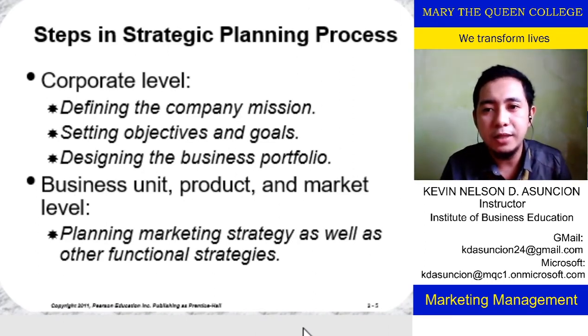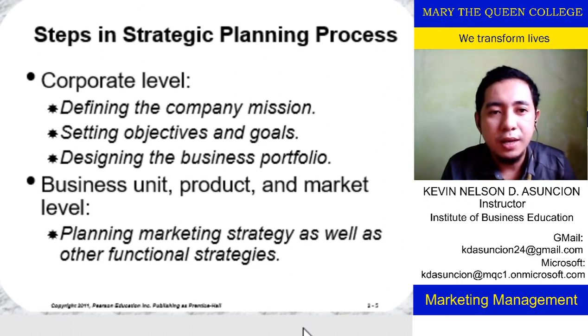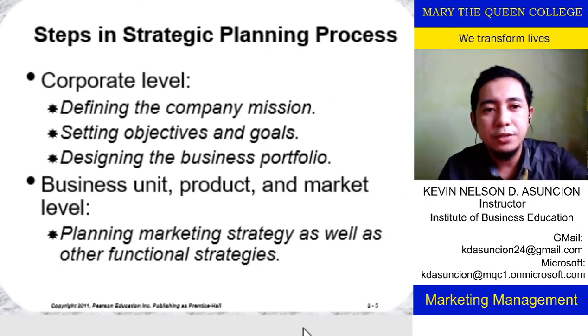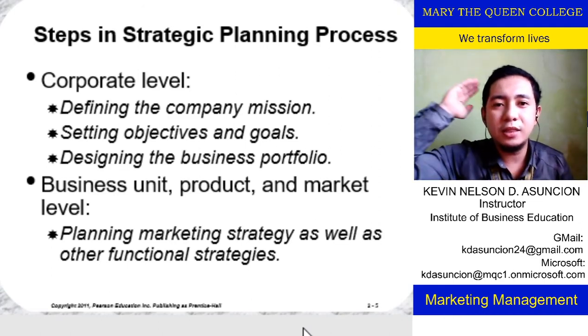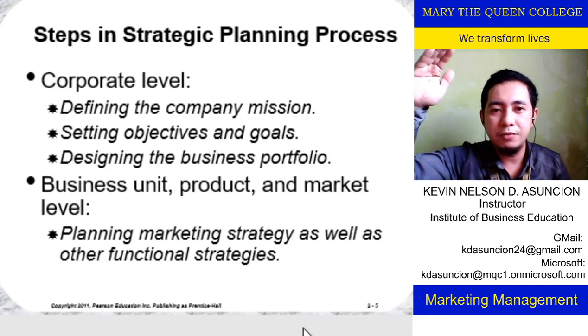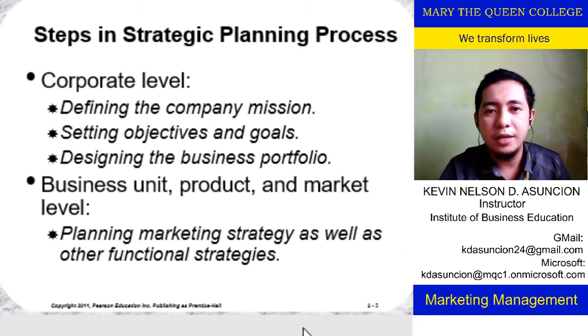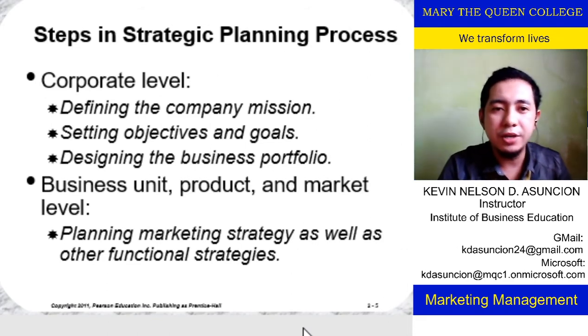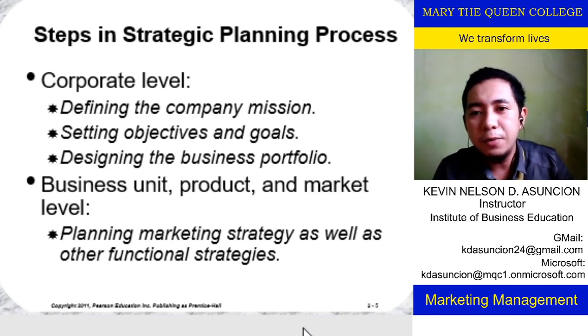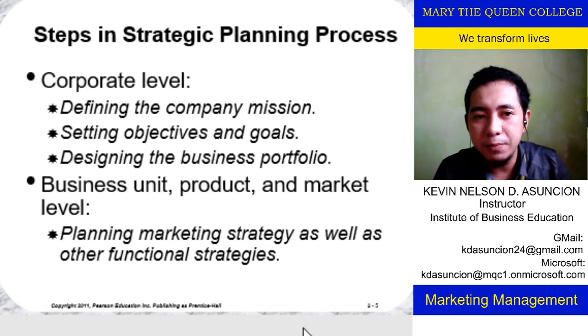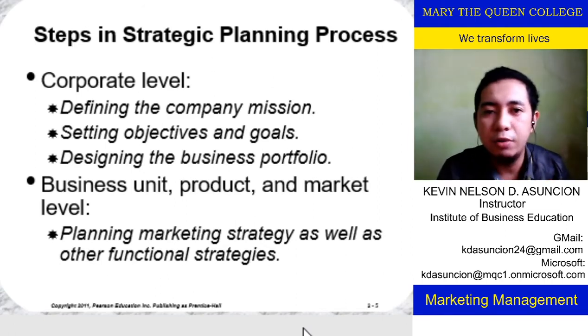So there are corporate levels, no? And the business unit level and some others. So let's start with the corporate level first. Corporate level is at the topmost level of the organization. They talk about the mission and the vision of the company. What's that for? The corporate level defines the company mission, sets objectives and goals, and designs the business portfolio.